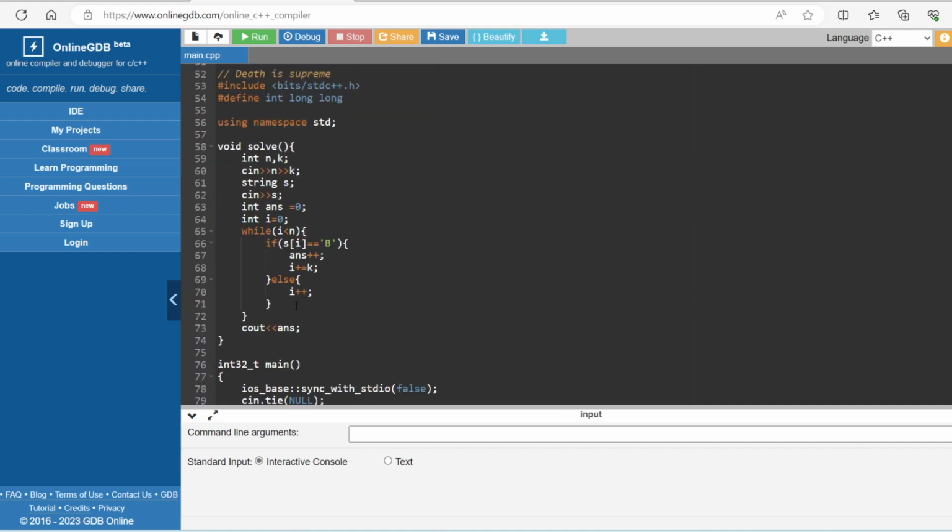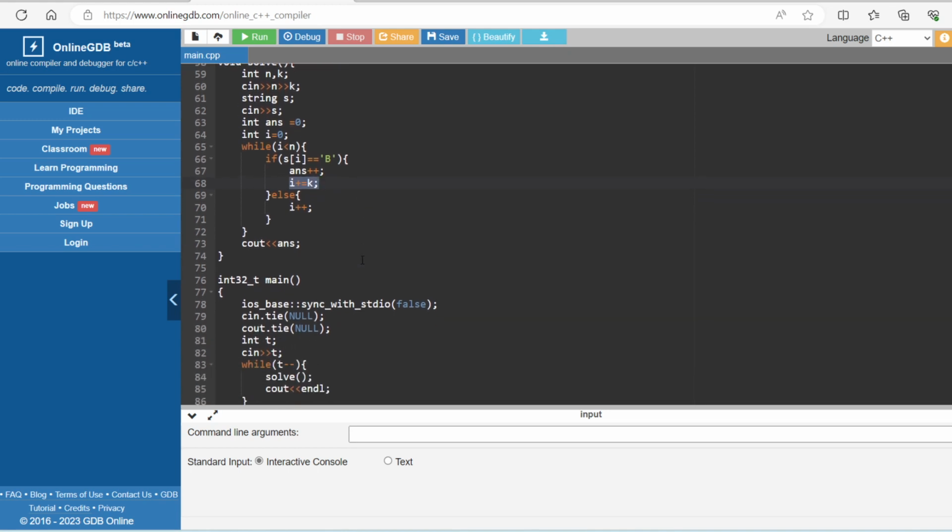Here is a simple approach: whenever we encounter B, we consume a move and increase our answer by 1, and cover k units. If we encounter W, we just move to the next index until we find a B. This would be the answer for D.